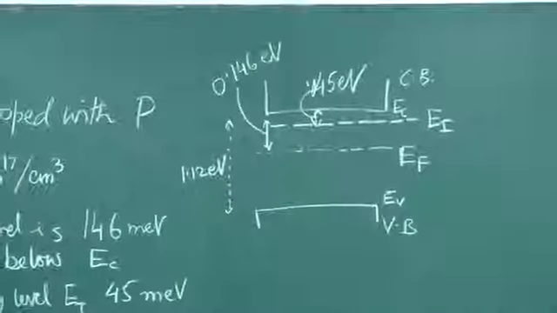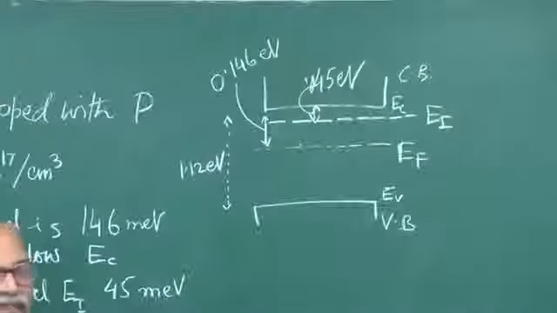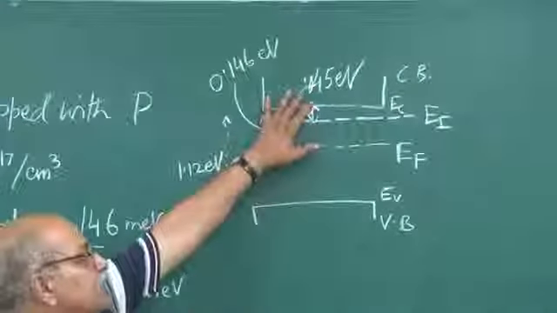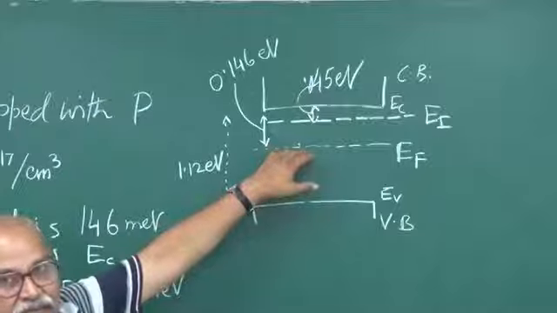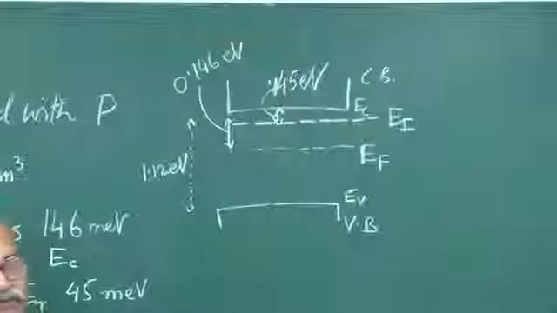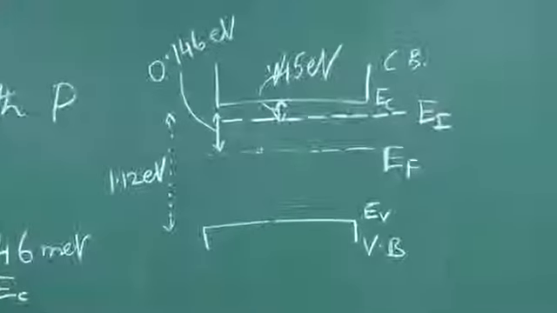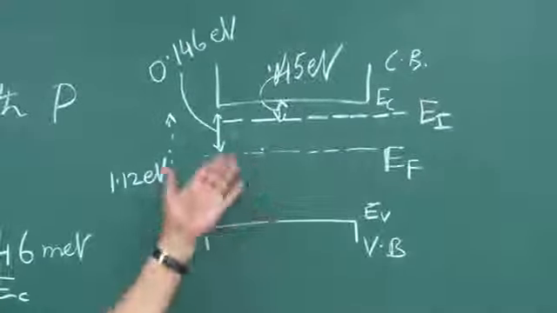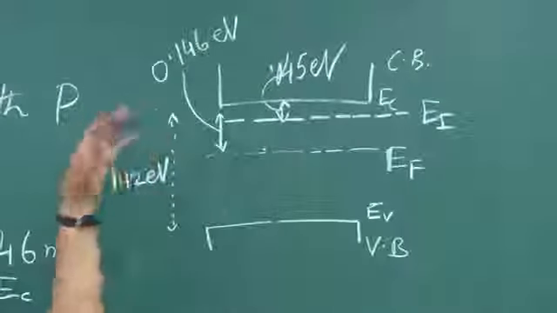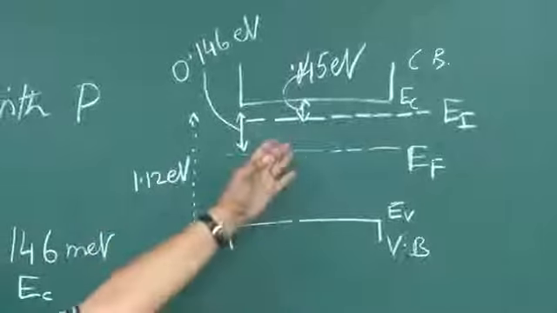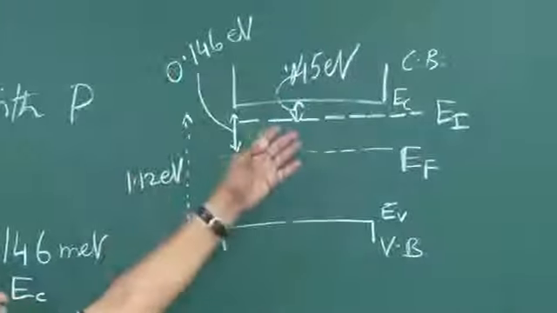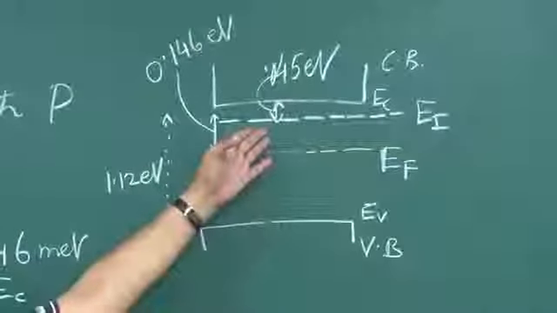I hope you remember, for an intrinsic semiconductor, the Fermi level is midway between EC and EV. But if you dope this donor impurity like phosphorus to make it N-type, this Fermi energy goes up. So it's not at half, it has gone up. And then when you are putting these impurities, impurity levels are created, a few tens of meV, as I had been talking about.